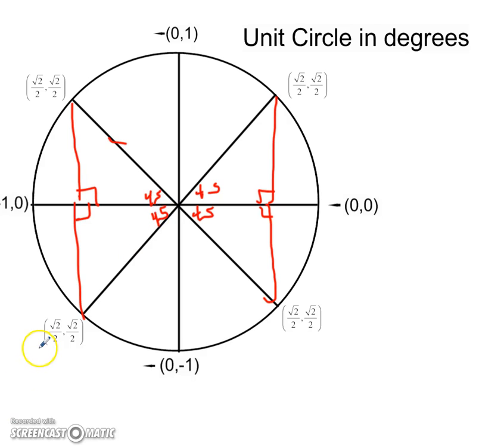The coordinates then, this should be negative square root of 2 over 2 because it's negative in the x direction. This one is negative in the x direction and negative in the y direction. This one is negative in the y direction only because I go over positive square root of 2 over 2, down square root of 2.